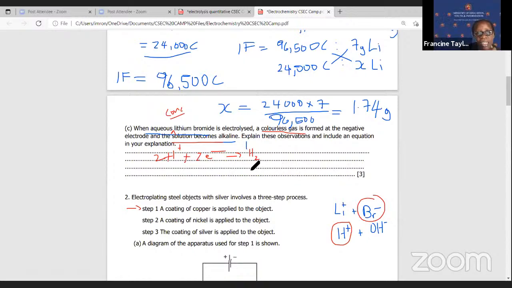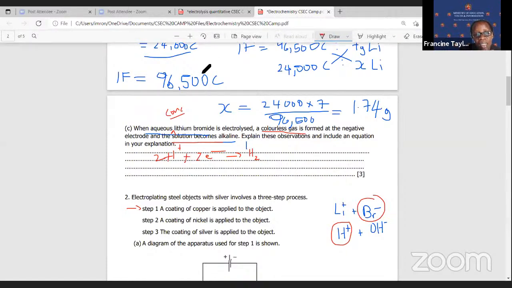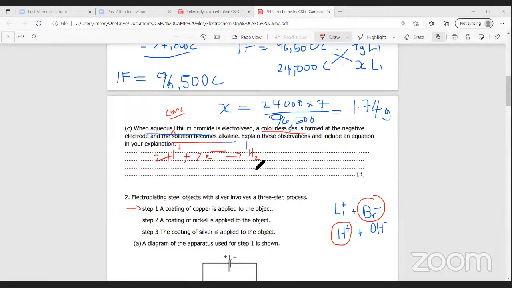Sir, somebody's asking two questions. What if they ask you to find the mole and not mass? That's one. And somebody's asking about this reaction: is this like a displacement reaction? No, this is not a displacement reaction, because it's not that the ions are being swapped.